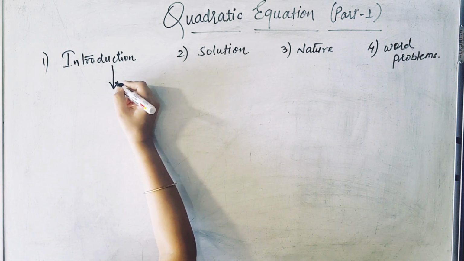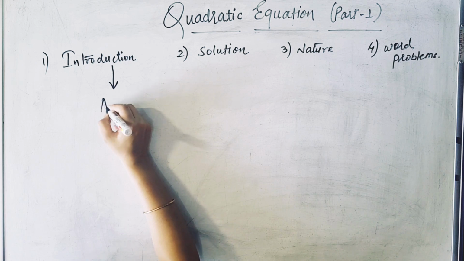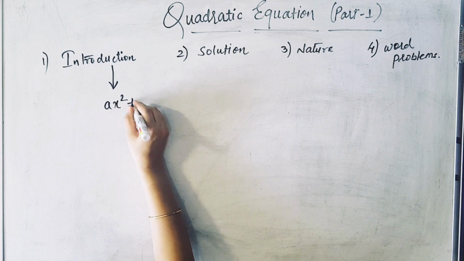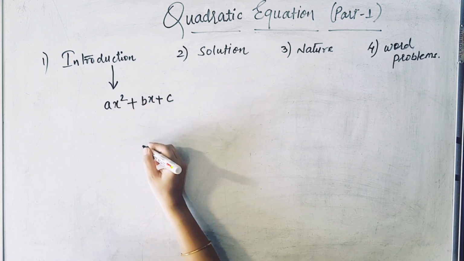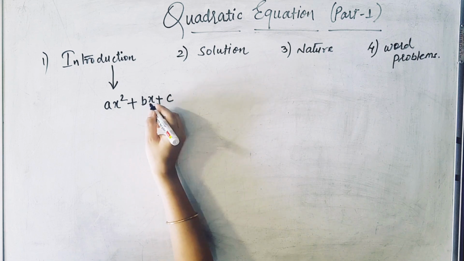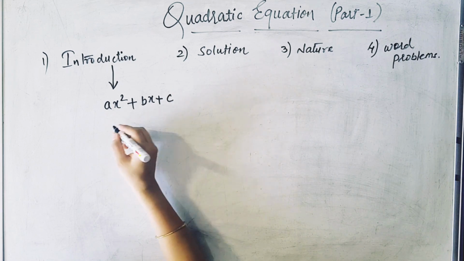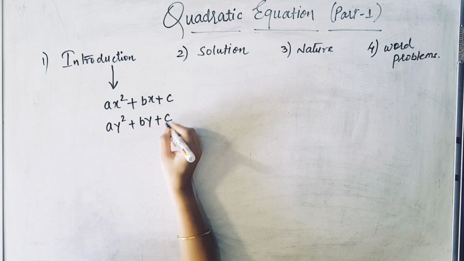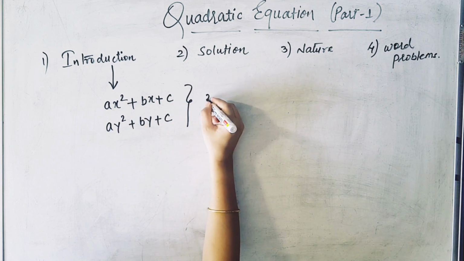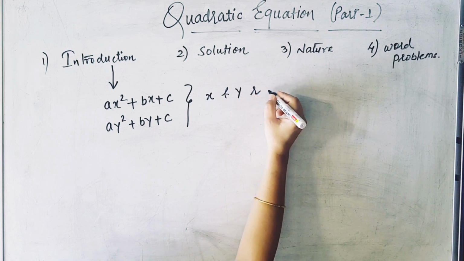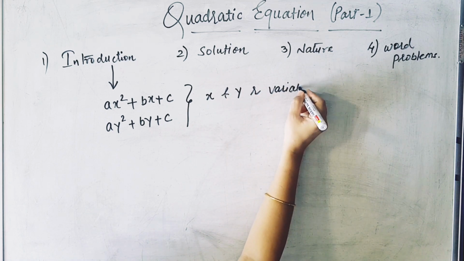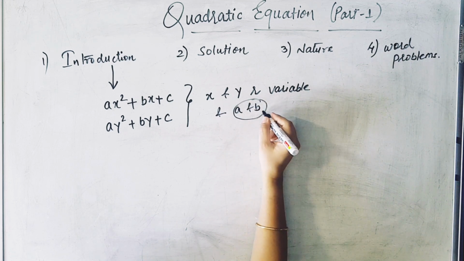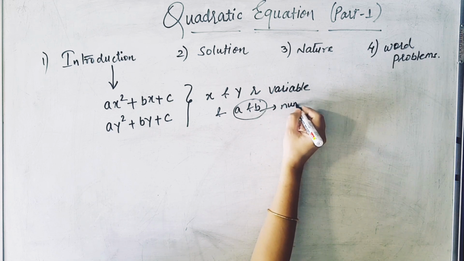See, whichever equation can be expressed in the form of ax square plus bx plus c, where x is a variable. Likewise, if I say ay square plus by plus c, in both of these conditions x and y are variables. And a and b are the numerical coefficients.